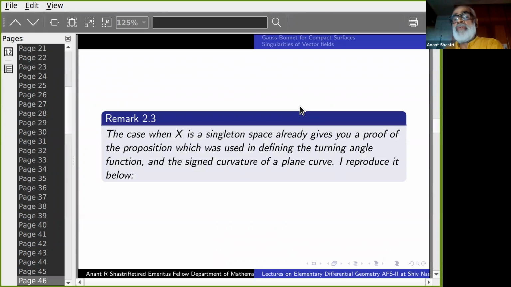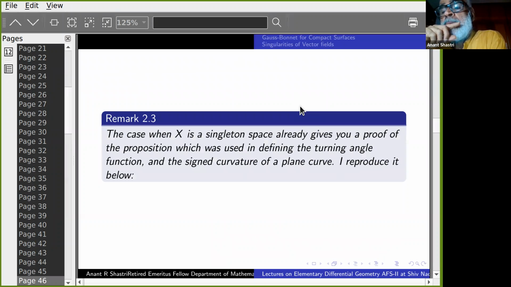The case of the singleton set itself is one of the theorems that we wanted to prove in the first part of these lectures, maybe second week or third week.